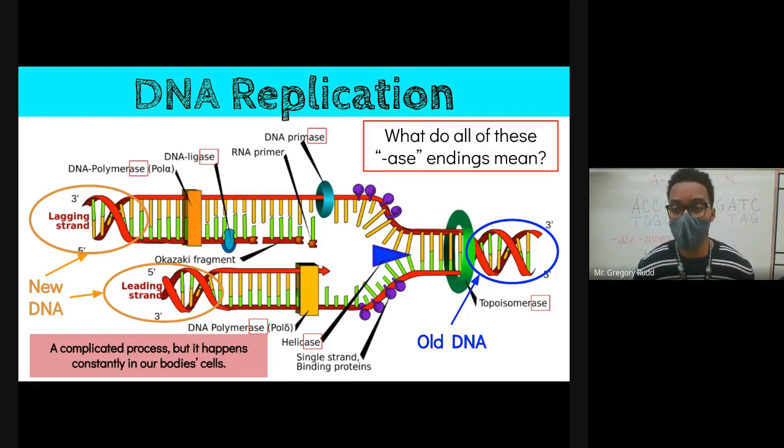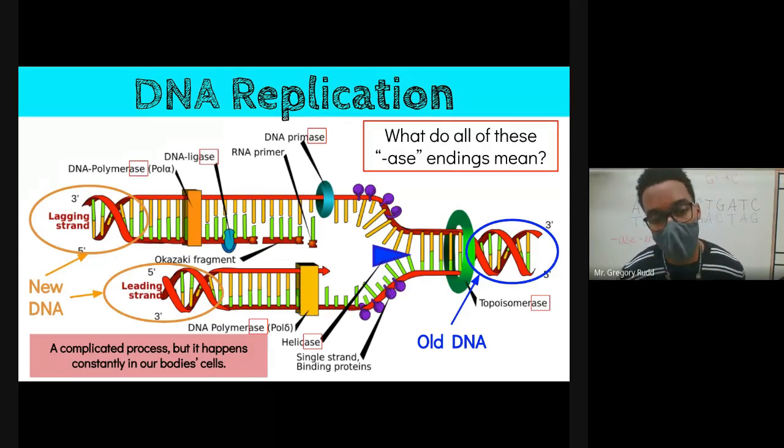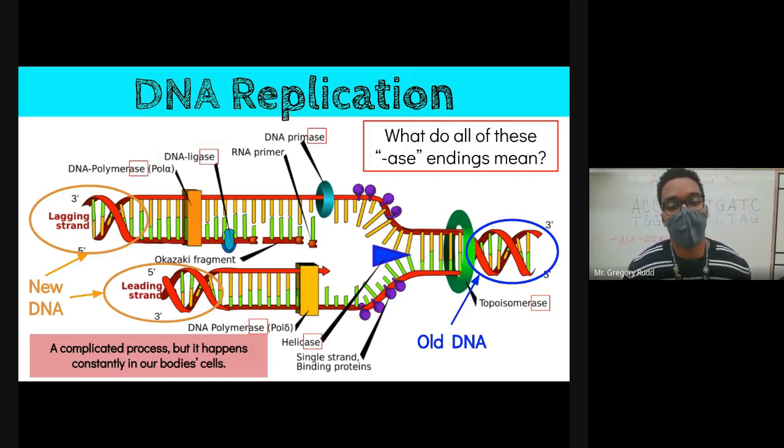And as you said, enzymes are a type of protein. Good. So we've got a lot of enzymes that are involved in this process: DNA polymerase, DNA ligase, DNA primase, helicase, topoisomerase. There's another one called exonuclease that's not in this picture. But there's just a lot of enzymes. And of course, those enzymes are needed to speed the process up.